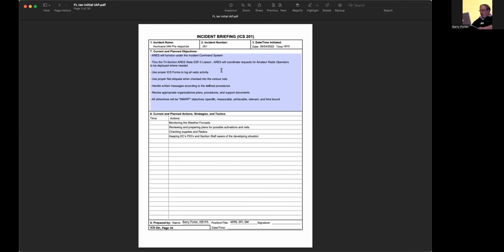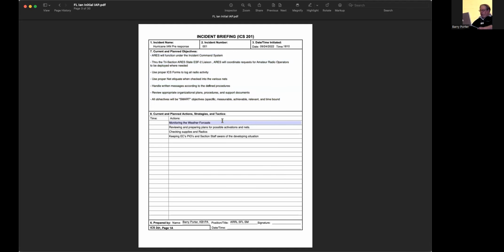We'll be using the proper ICS forms to log all radio activity, provide proper net etiquette when checked into the various nets that we started up, and we'll be able to handle written messages according to the defined procedures for message handling. And we were supposed to review organizational plans, procedures, and support documents. And our objectives will be SMART. Again, I mentioned that before: specific, measurable, achievable, relevant, and time-bound.